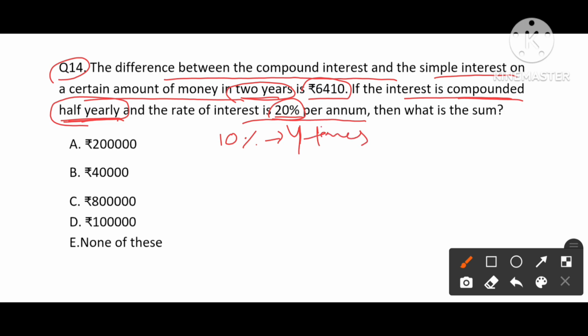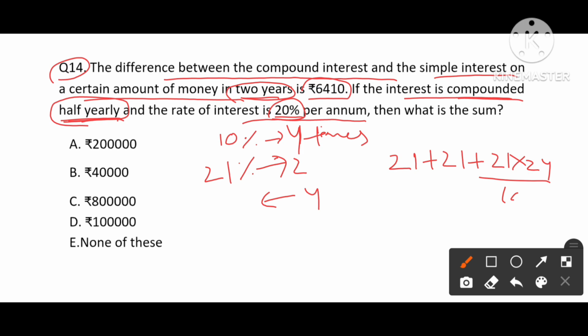So for 2 years, for 2 times it will be 21%. For 2 times is 21%. For 4 times, what will be the interest will be 21 plus 21 plus 21 into 21 divided by 100.